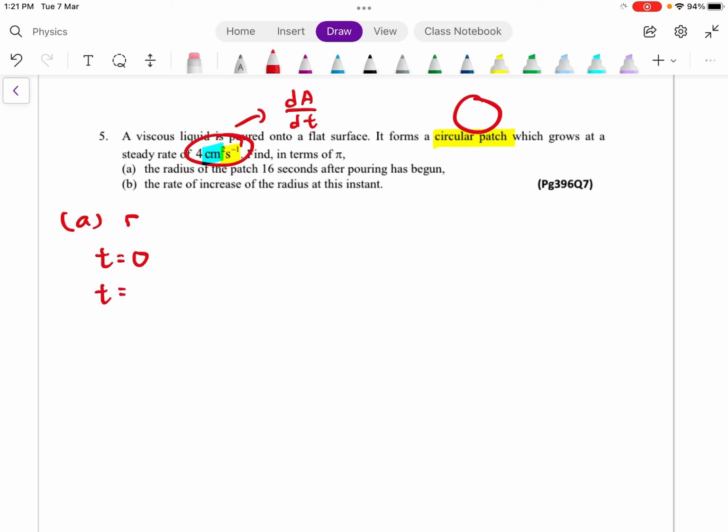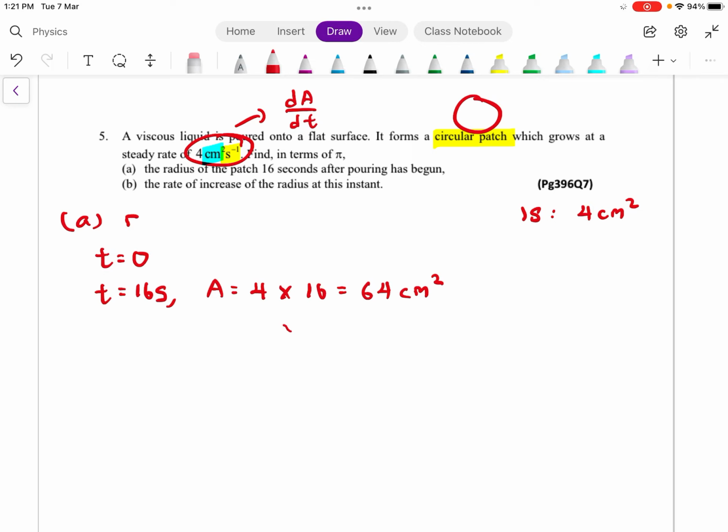Area is equal to 4 multiplied by 16, which is 64 cm². Because 4 cm² per second means every 1 second the area grows 4 cm². So 1 second is 4 cm², 2 seconds is 8 cm², and so on, so at 16 seconds it is 64 cm².